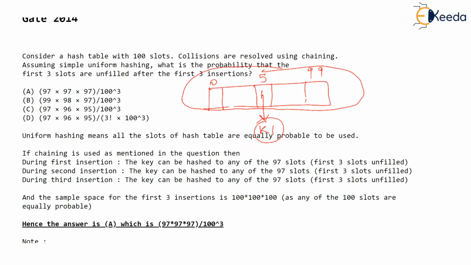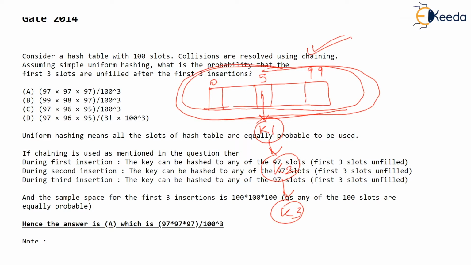Then we just extend this linked list and store K2. So how many places were available for K2 when chaining was used? Again, all the 100 places, isn't it? And for K3 also, if K3 also gets mapped to the same address 5, then K3 can go to that address 5. That means any of the addresses are available for all the three insertions. So the sample space over here would be 100 into 100 into 100 when you are using the chaining method, isn't it?